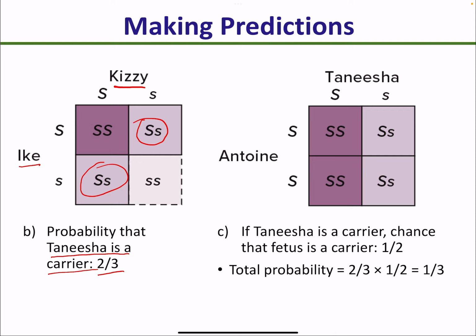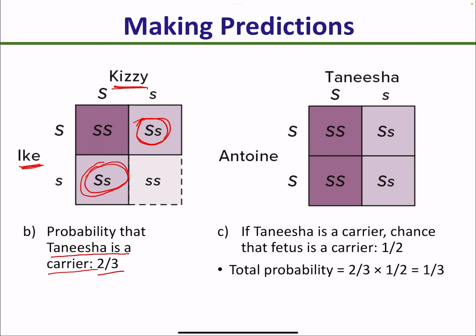No, let me start over. For the parents to produce a carrier child, we have 2 chances out of 4 here. So we have 2 chances out of 4, okay?